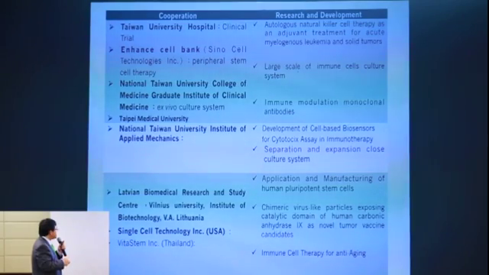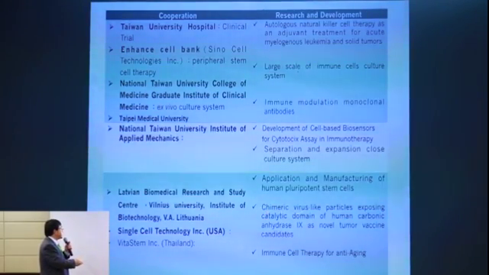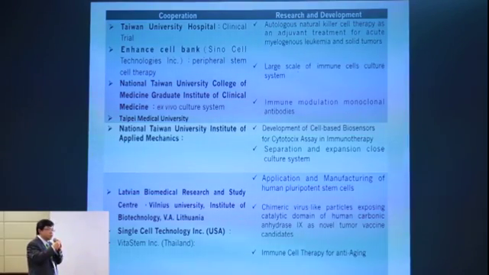And internationally, we cooperate with 2 groups in Europe. One is in Latvia, the other is in Lithuania. We cooperate to create a new vaccine named chimeric virus-like particle. The pseudo particle packages a new antigen to become a vaccine.